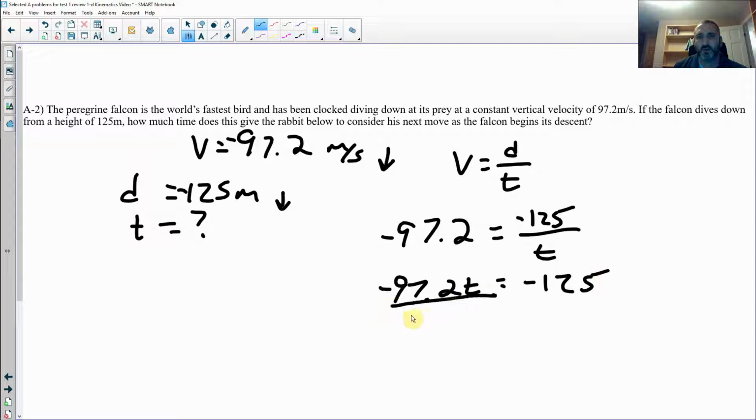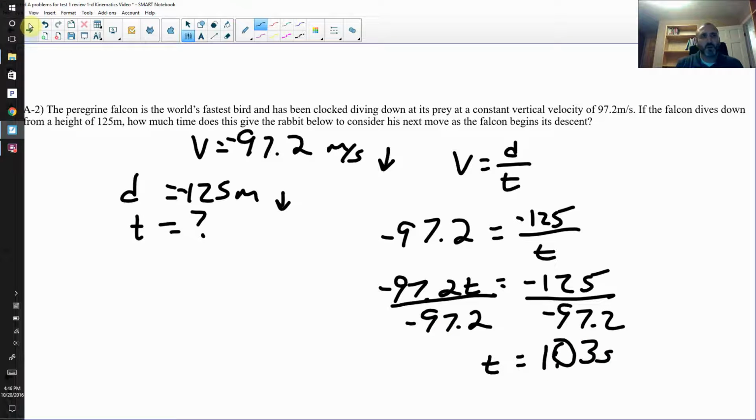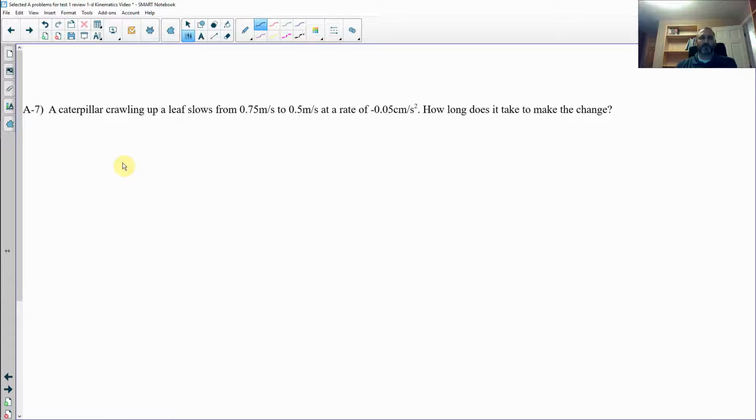Then we divide both sides by negative 97.2. We should end up with a t of 1.03 seconds.